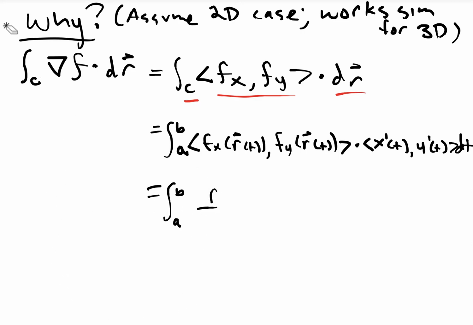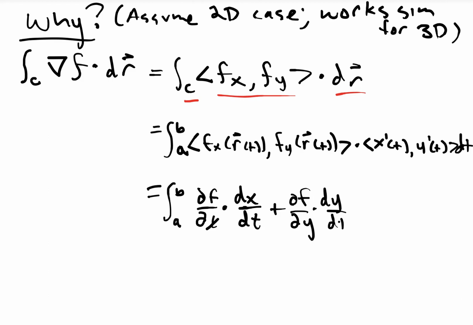I'm using the wrong d for that guy, so this should be the curly one because that was a multivariable function. So df dx. And then what I'm multiplying it by in this dot product is a derivative of x with respect to t. And then for the second part of my dot product, kind of similarly, I've got a derivative of f with respect to y multiplied by a derivative of y with respect to t.